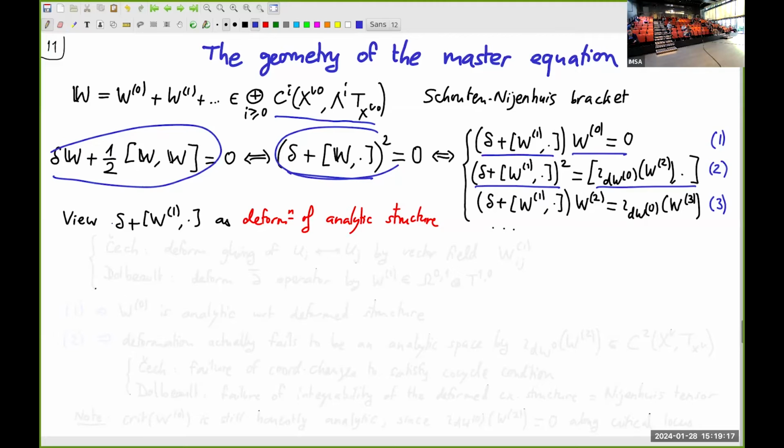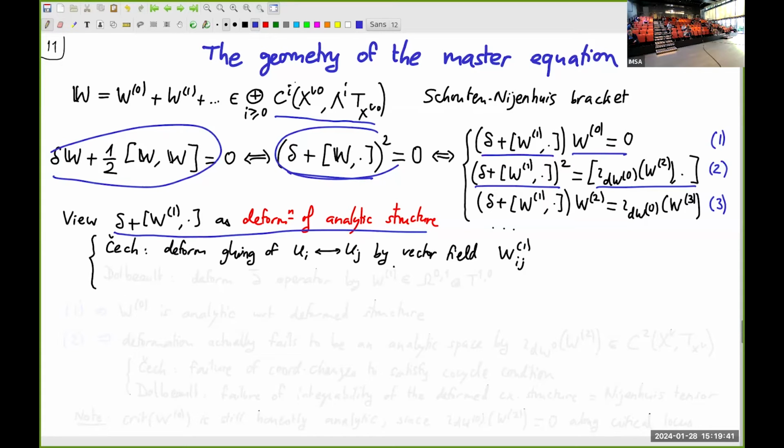To square this with the usual viewpoint about what different Maslov index disks do to the mirror, the first thing we should do is think of W1, which comes from Maslov index 0 disks, as a deformation of the analytic structure of my space. What that means depends on what kinds of cochains I have in mind.